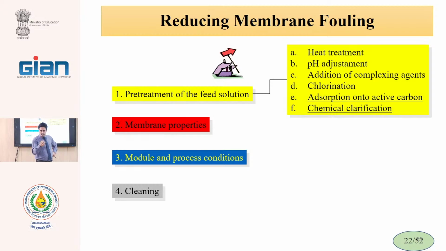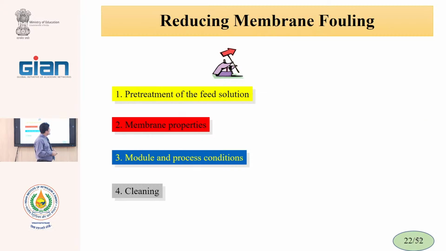Fat of milk in the cold temperature rapidly causes fouling. But with increasing of temperature, the oil and fat fouling can be reduced. pH adjustment, anti-escalant, chlorination, and others.